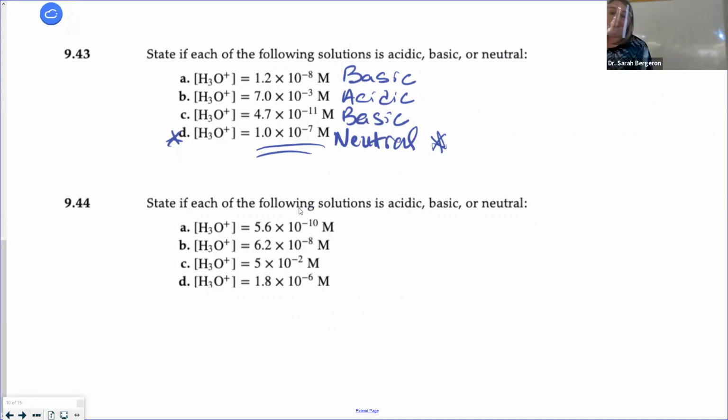So if I want to do pH is equal to the negative log concentration of H plus. What's my concentration of H plus here, or H3O plus? 5.6 times 10 to the minus 10. So I'm going to switch back over to my calculator over here. Okay, so I've got negative log. Let me zoom out a little bit so you can see the whole calculator.